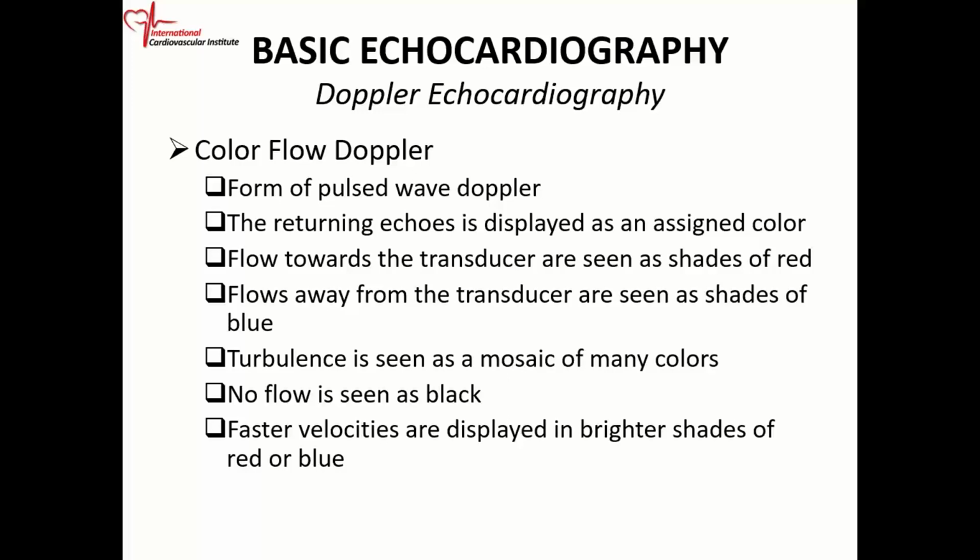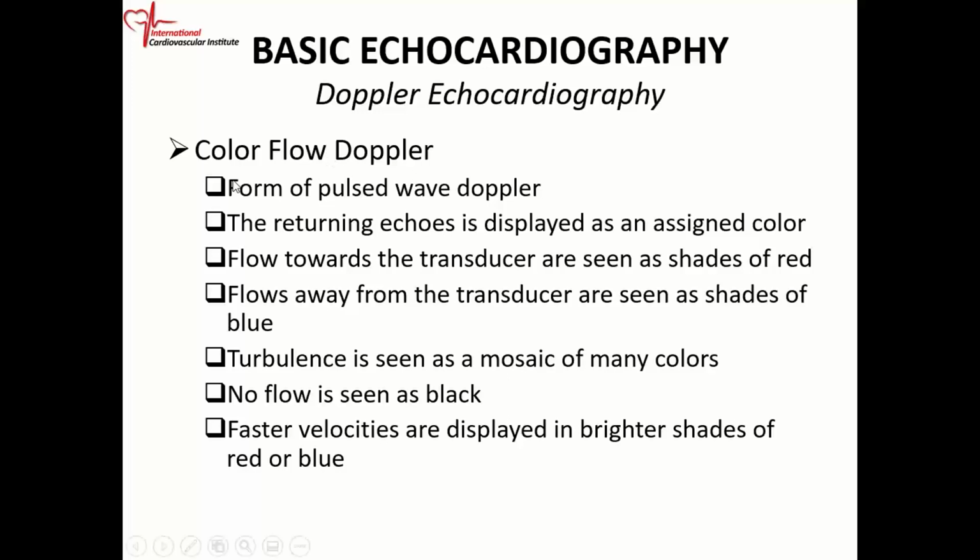to understand. If the blood is flowing towards the transducer, the color that you're going to see is red. Blood flow towards the transducer is depicted as red. Blood flow away from the transducer is in different shades of blue. So those are concepts you have to get right away. Okay?